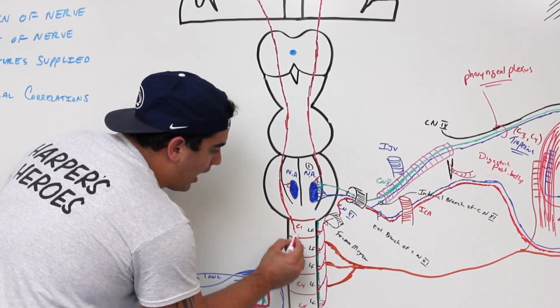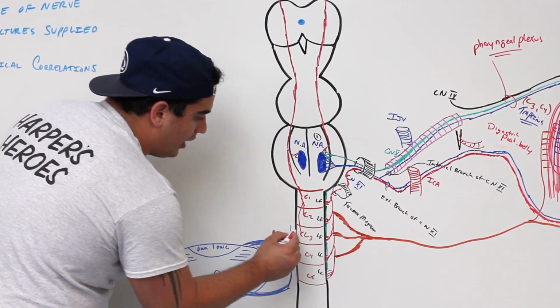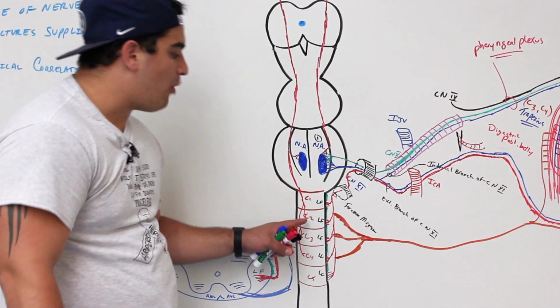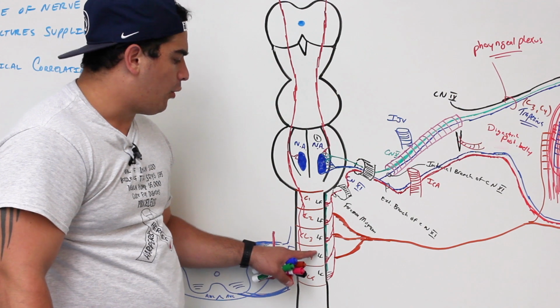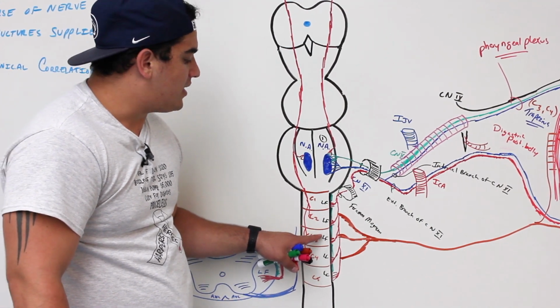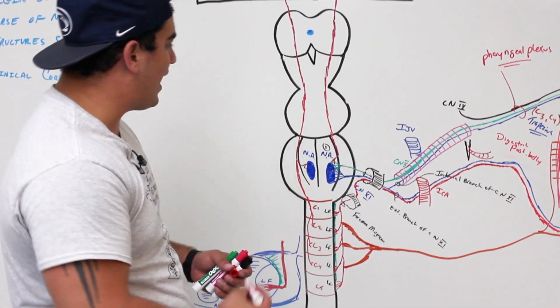They'll go to supply C2, C3, and C4 to activate those motor neurons within the ventral ramus of C2, C3, and C4. Remember, C2 and C3 contribute to the sternocleidomastoid, and C3 and C4 contribute to the trapezius muscle. So it'll also activate this.